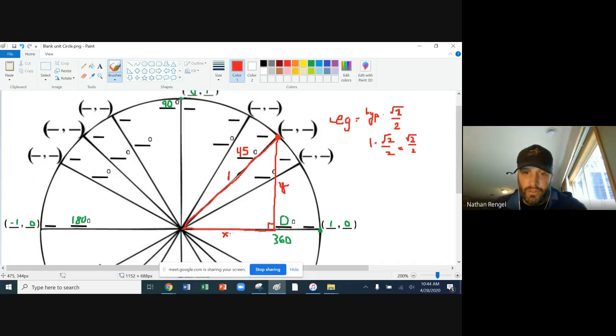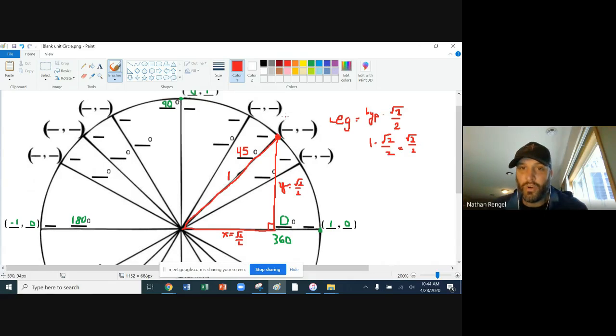So what we just did there is we found that this x coordinate, this leg, is square root of 2 over 2, and this y coordinate is square root of 2 over 2. If those are the lengths of the legs, that's the x coordinate distance that it has to travel, and that's the y coordinate distance that it has to travel.